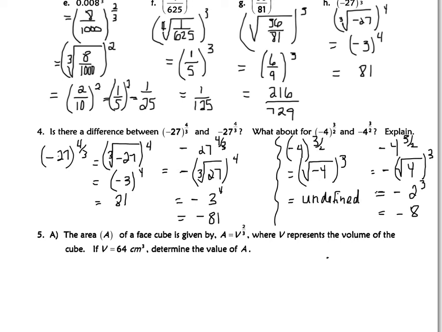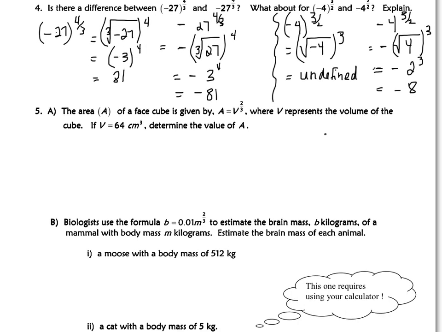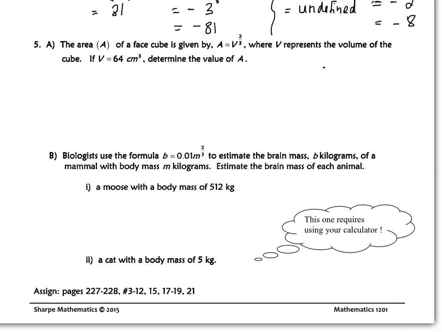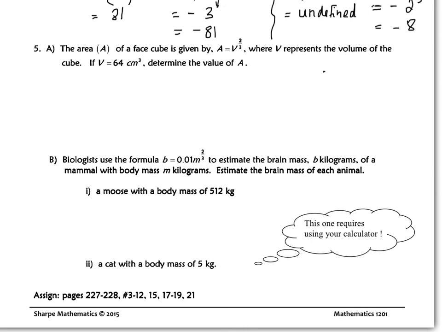Okay, the next question talks about the area of a face of a cube, given by A equals V to the power of 2/3, where V represents the volume of the cube. If the volume is 64 centimeters cubed, determine the value of A. So A would be equal to 64 to the power of 2/3.